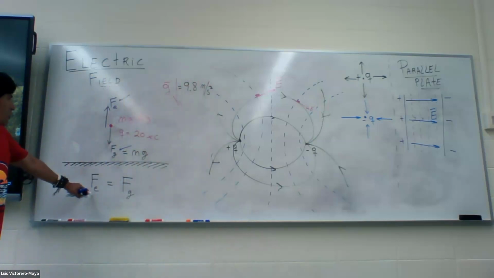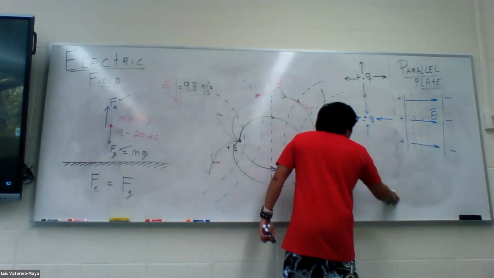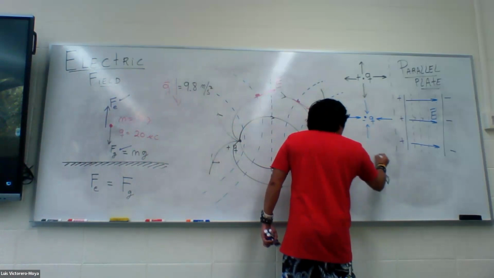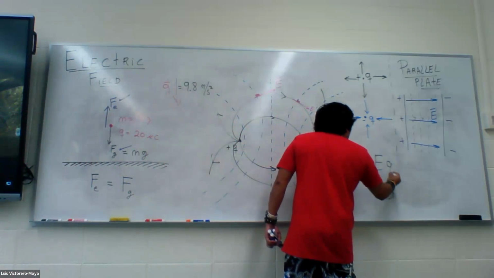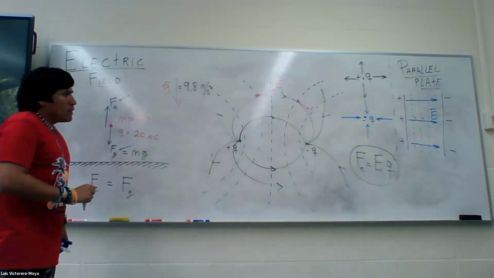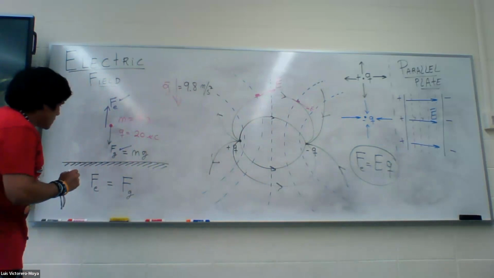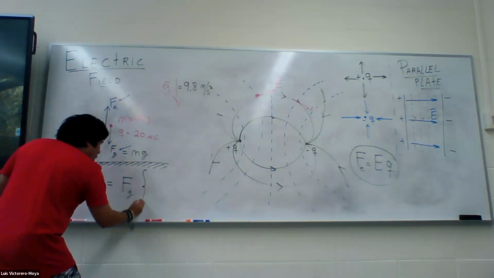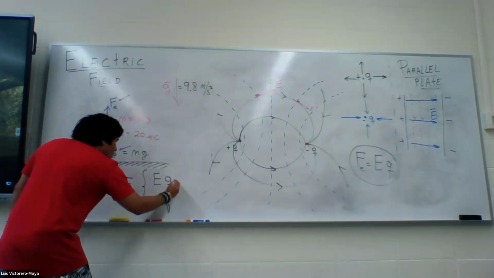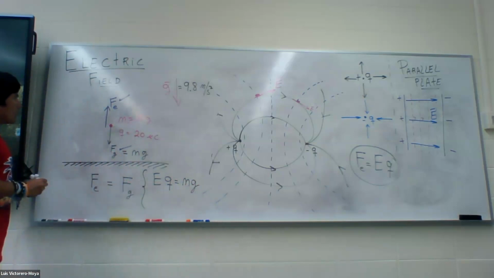And what's the electric force? Let's write it here. The electric force is EQ. That's the equation we're going to use, because we're going to find the value of the electric field. So this becomes EQ equals mg.